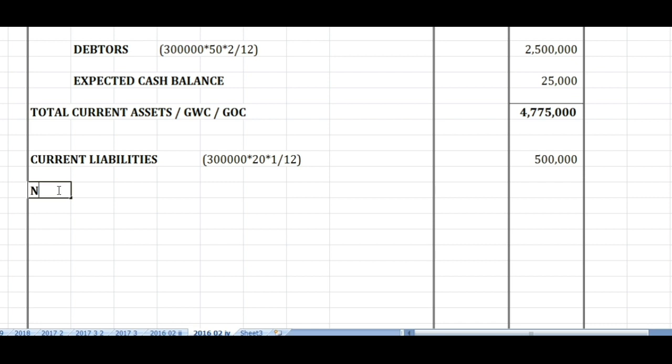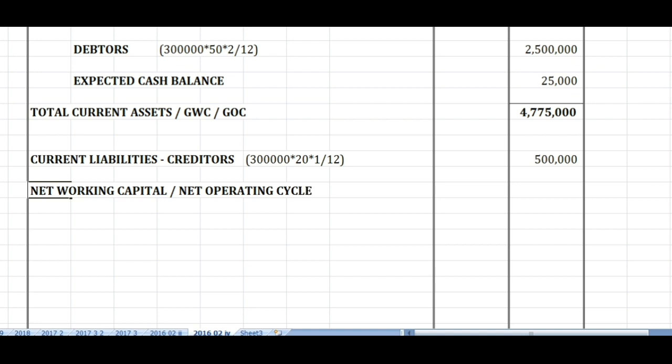Now we can find net working capital. Current liabilities, creditors. Net working capital or net operating cycle or cash cycle.